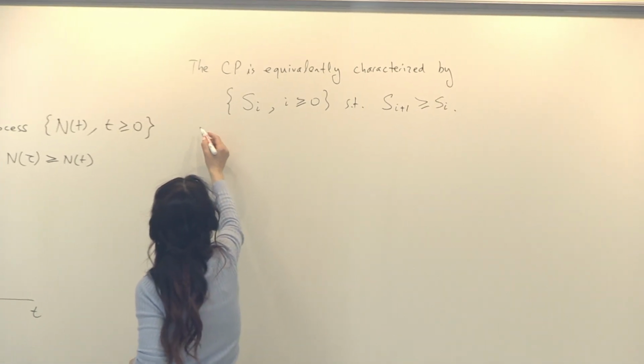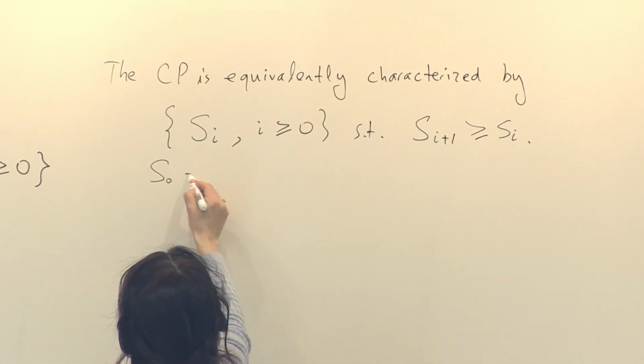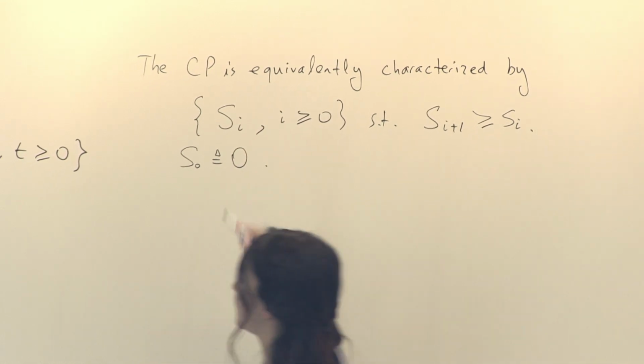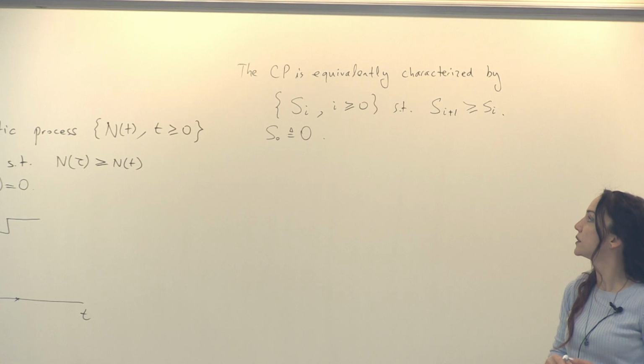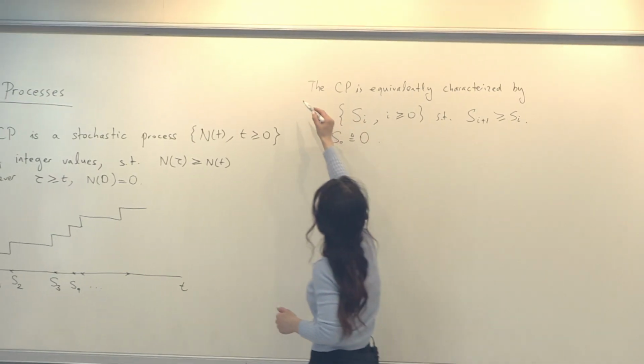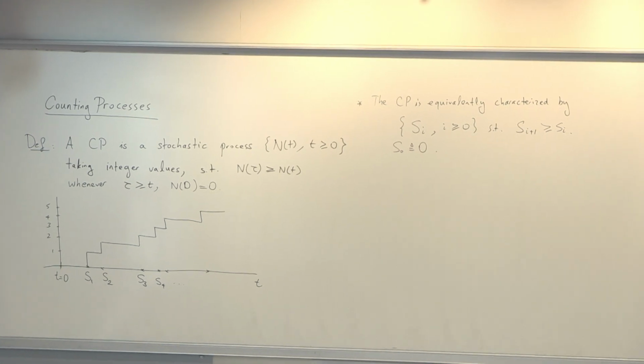And well, just for completeness, let's set S0 to be 0. Okay? Set of arrival instants. Okay, that's one other way of characterizing the counting process.